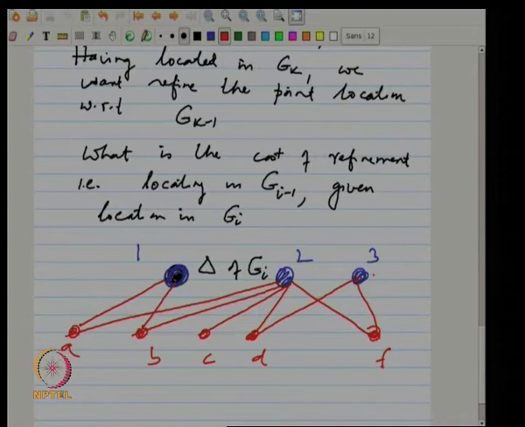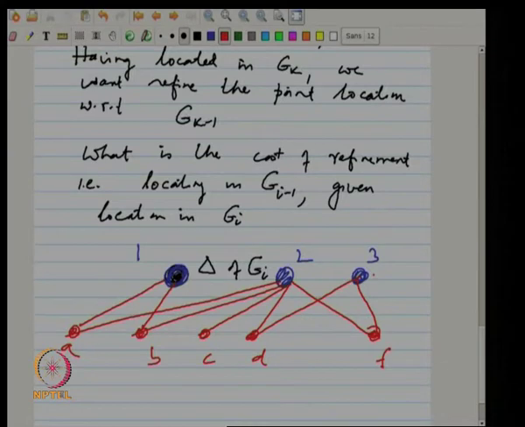In fact, whatever the case may be, we do not have more than, what is the degree of each node basically? 12 at most, right.